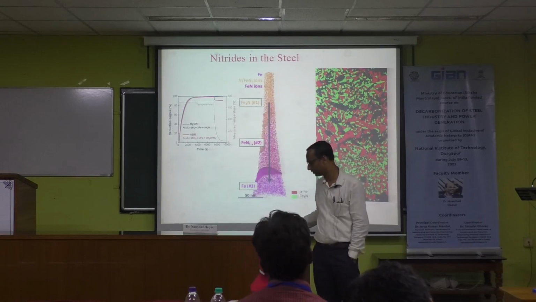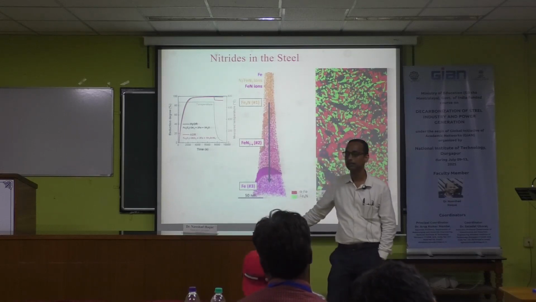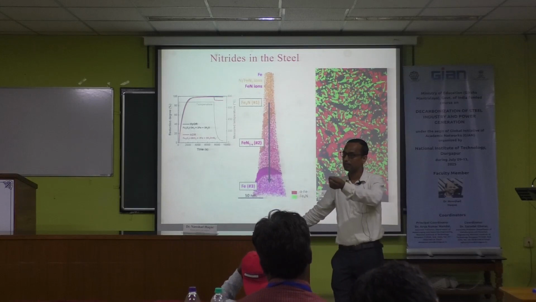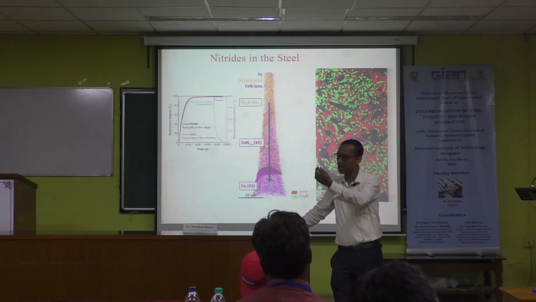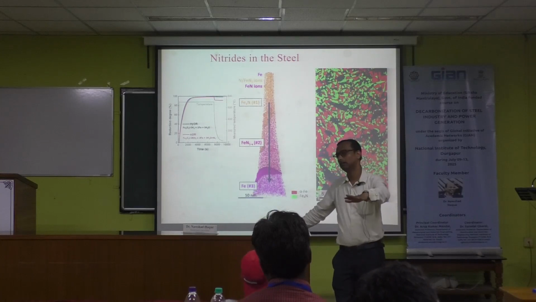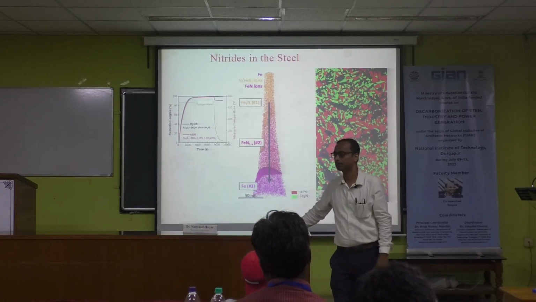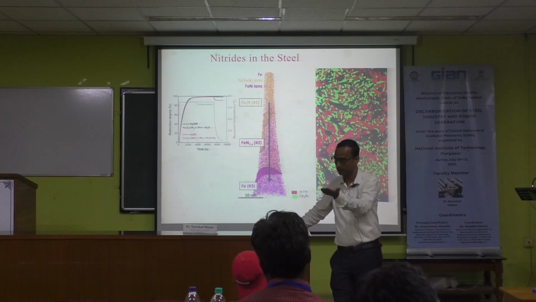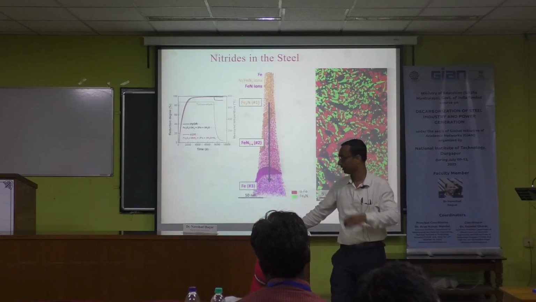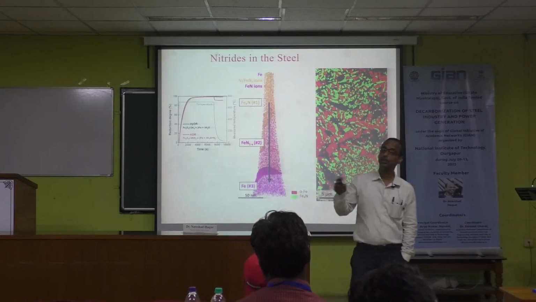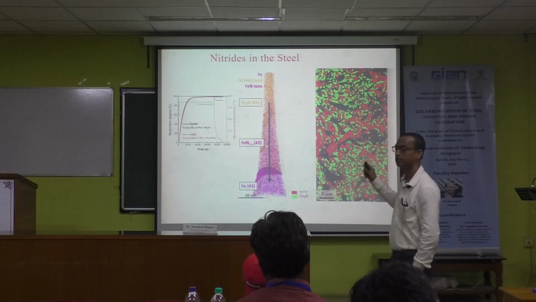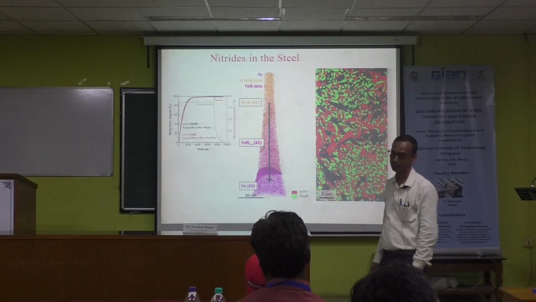Nitrogen plasma has ions and gases, and it will effectively dissolve more nitrogen than normal nitrogen gas. In that way, this type of iron will be beneficial.